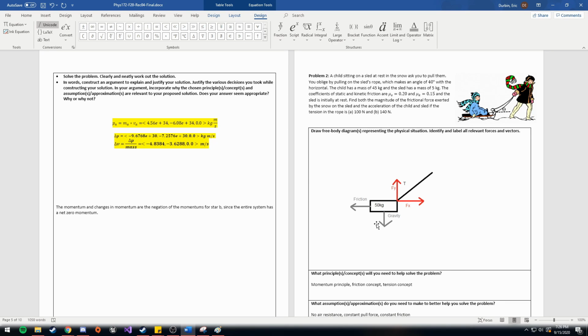Because there will always be static friction.